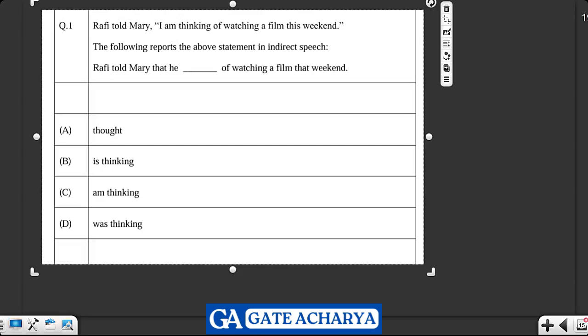Understood? Shiva Subramanian, Nisha, Yuvraj, Maharaja. Why is option D the perfect answer? Do I need to repeat again?